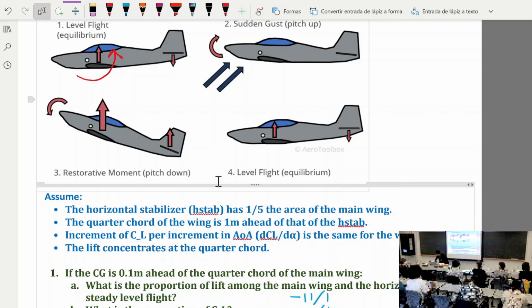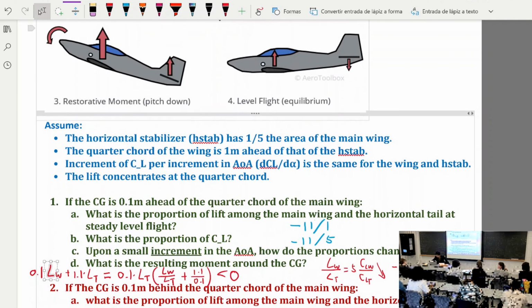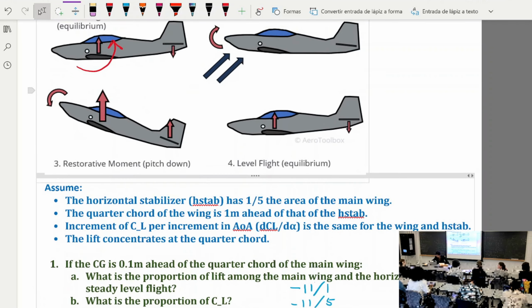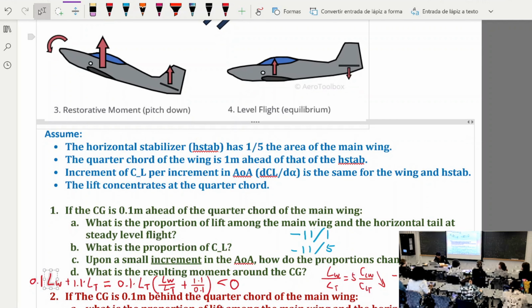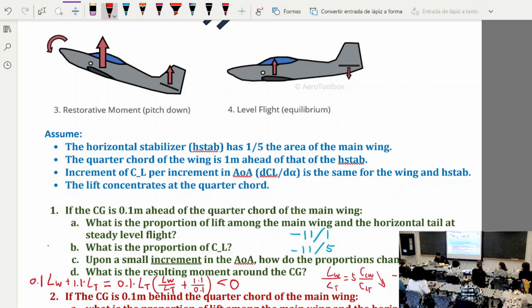One second, did I do something wrong here? Oh, okay. Sorry. Yes. So what is in the parentheses is going to become more negative, but the lift on the tail is actually negative.